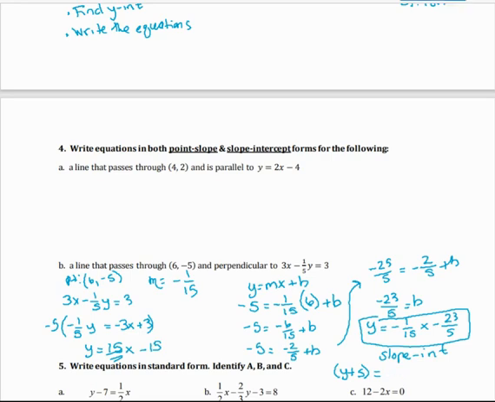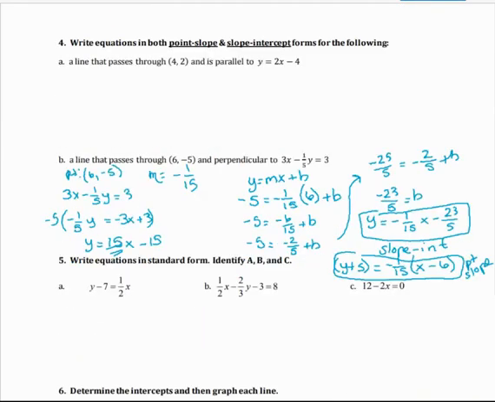Our slope, we said, is -1/15 times x minus x1. And that is our point slope form. Okay. You do A, this one will be very similar, but remember for parallel, we have the same slope.